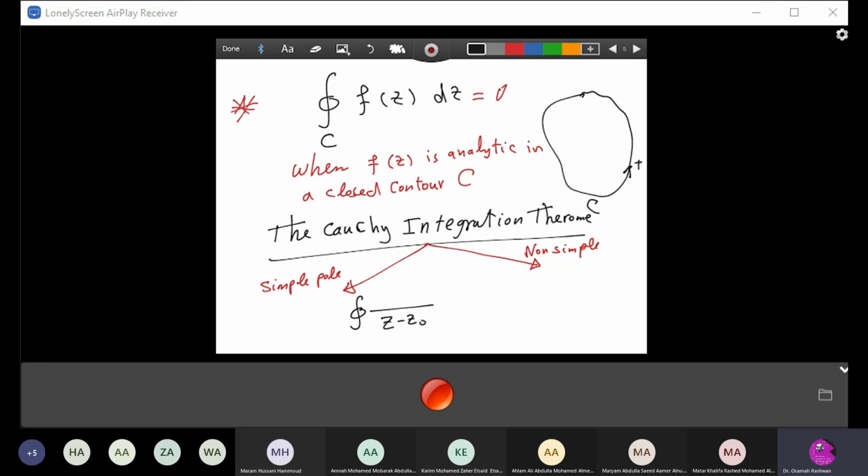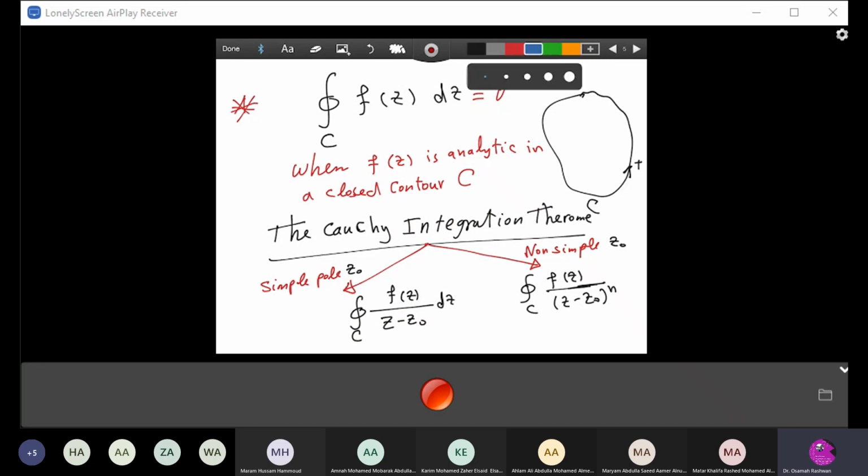So z naught is a simple pole because you don't have a power here, and your numerator is a function of z, dz. And non-simple pole z naught, when you have the same integration over closed contour C, but your denominator has z minus z naught to the power n.